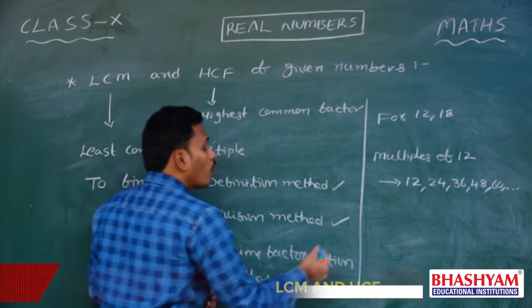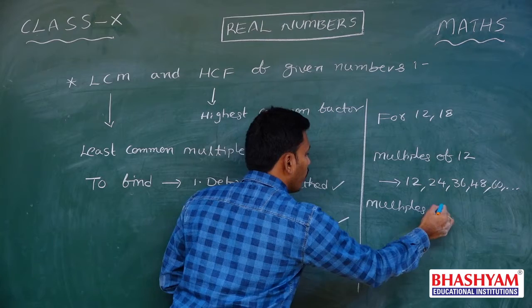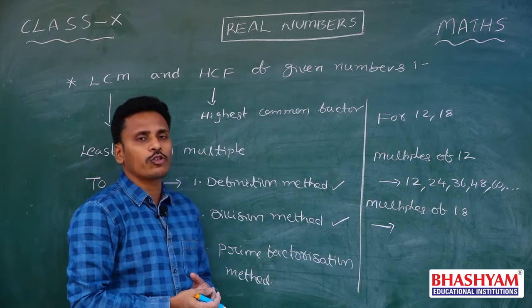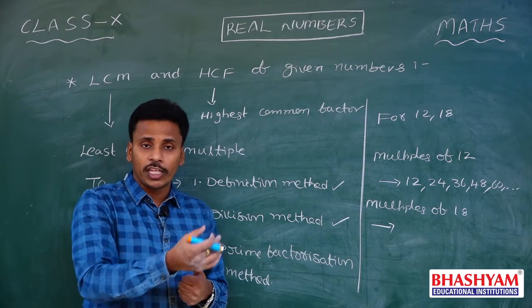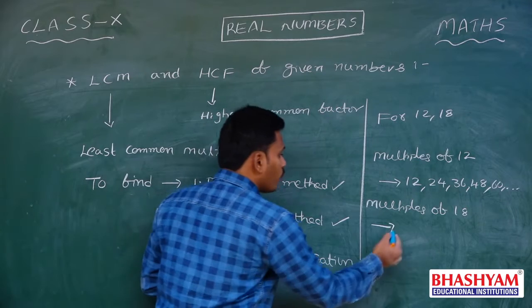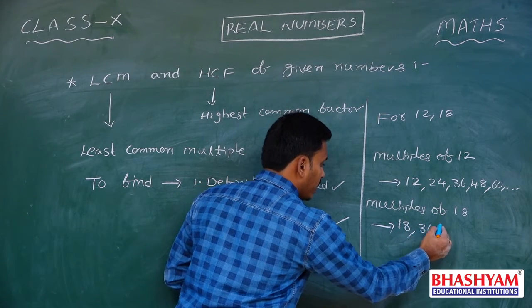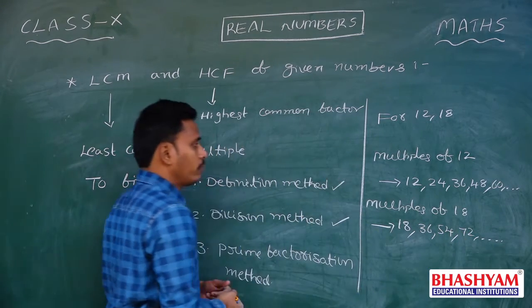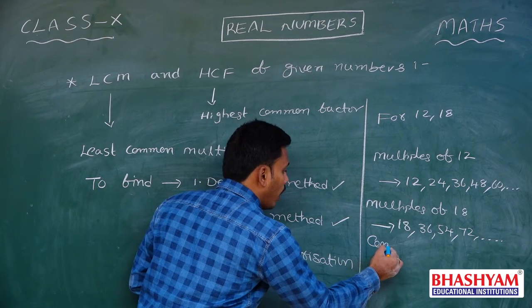Now what are the multiples of 18? We continuously multiply 18 with the natural numbers. The numbers in the 18 table are 18, 36, 54, 72 and so on. Now you just list out the common multiples of 12 and 18.